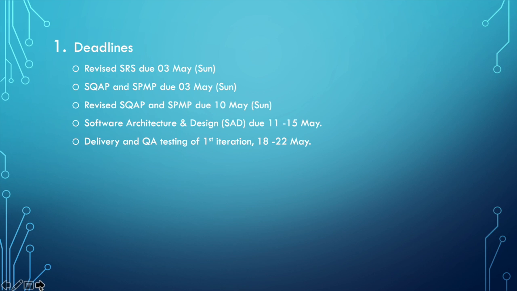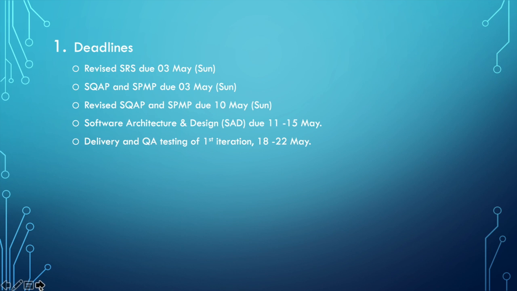By the end of that particular week or earlier, between the 11th and 15th, the software architecture and design should be submitted to me. Now, the software architecture and design is the responsibility of the management team again, the project manager and assistant project manager.